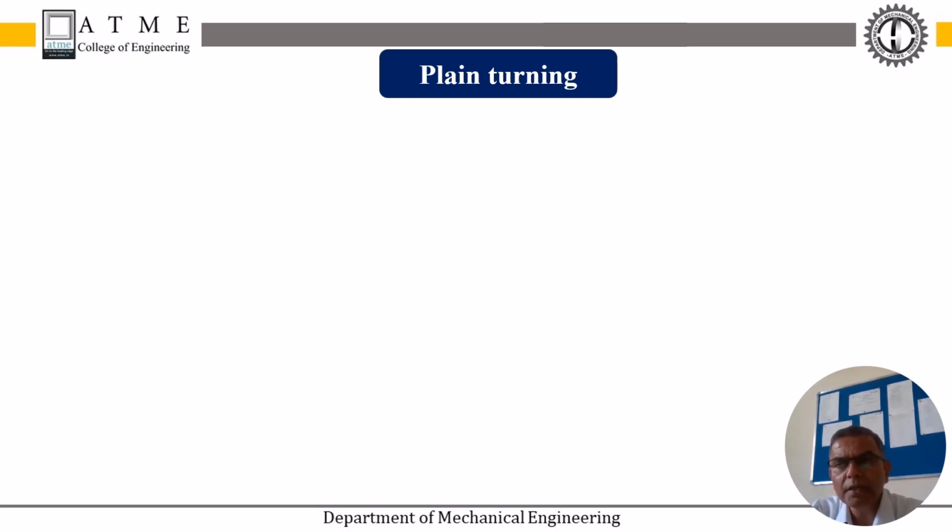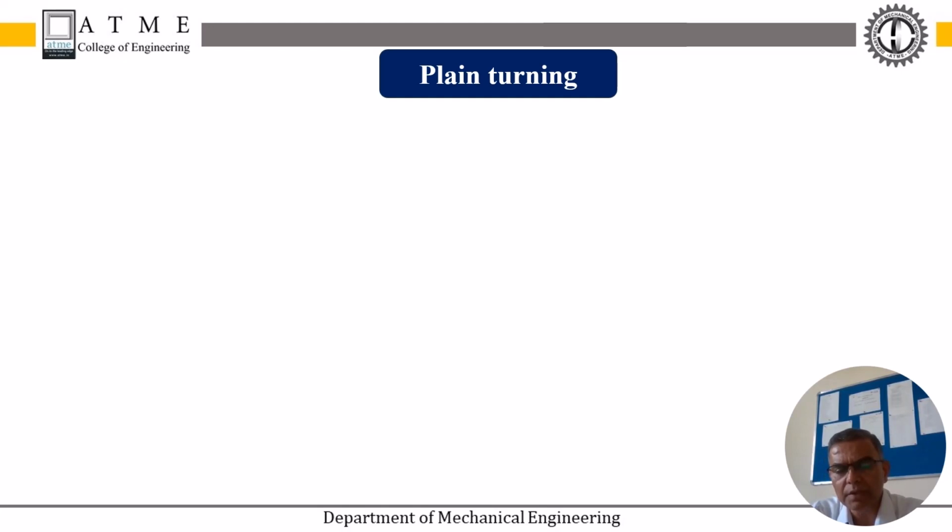The cutting speed, the feed which you are giving for every complete movement of the tool, and the depth of cut in each and every step, all these have to be given properly and carefully to generate the machined surface during the plane turning operation.